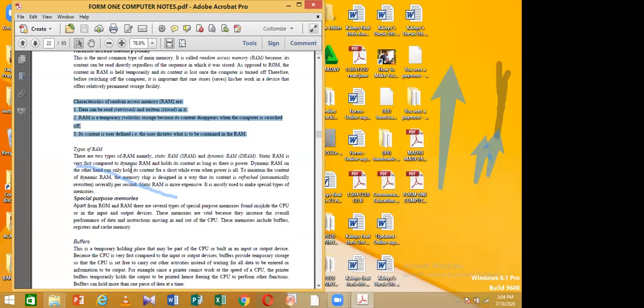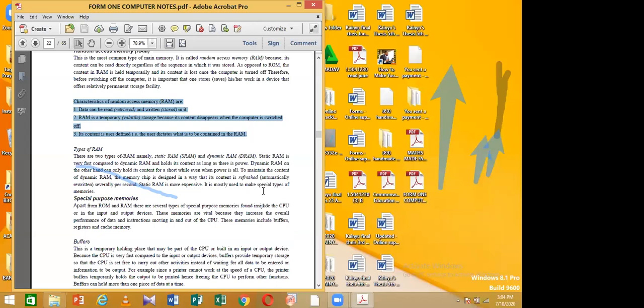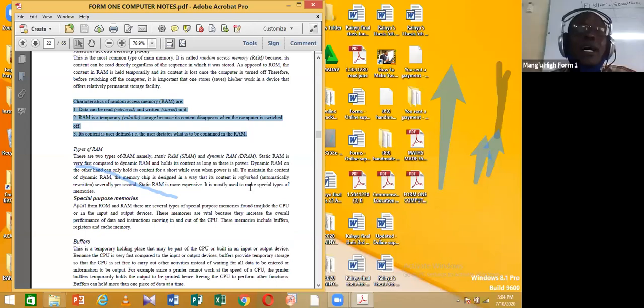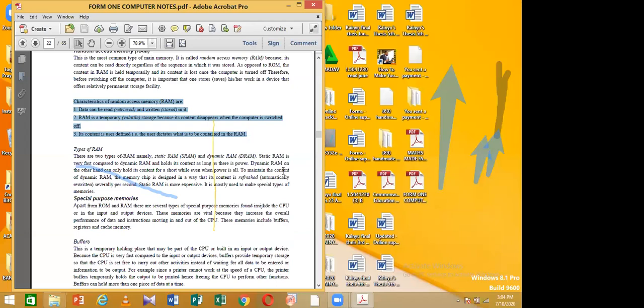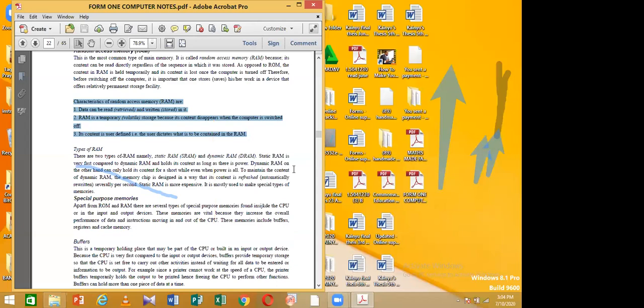Types of RAM, there are 2 types, static and dynamic RAM. Static is very fast. These are some of the characteristics you might be asked of, giving characteristics of static memory or comparing static memory and dynamic memory.